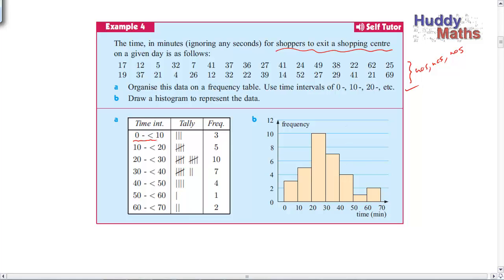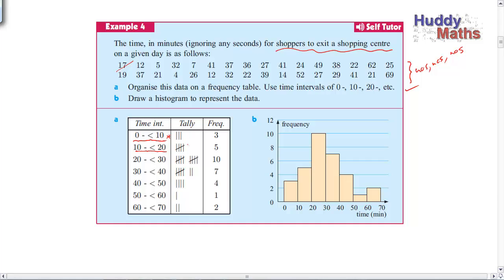You might not have seen this before. 0 minutes, didn't stay at all, up to 10 minutes, but less than 10. So if they were in there for 9.6 minutes, then they're in this group. As soon as they hit 10, 10 up to less than 20. So how do we create this and organise this data? You read the first one and put a light line through it, 17.